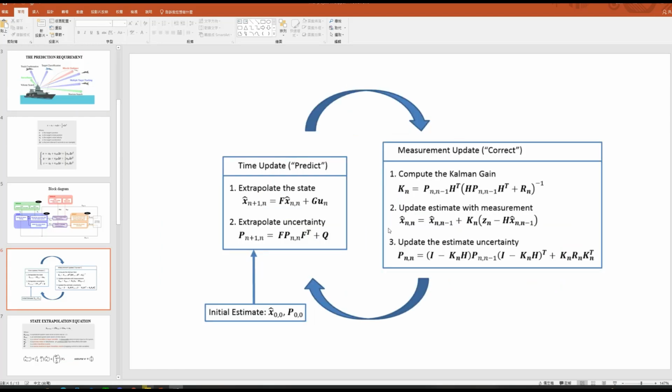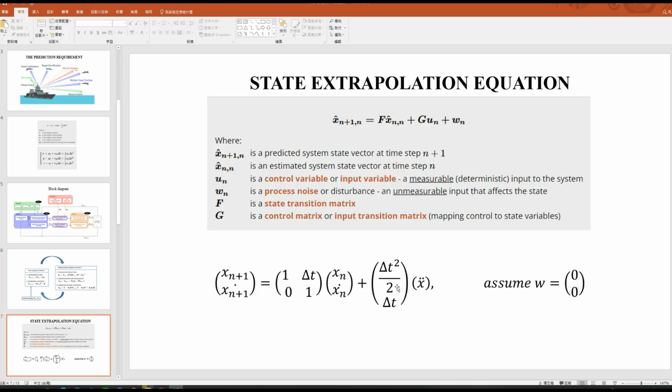Next, I will introduce the formulas. This is the state extrapolation equation. This one is the predicted system state vector at time step n+1, and this is the estimated system state vector at time step n.